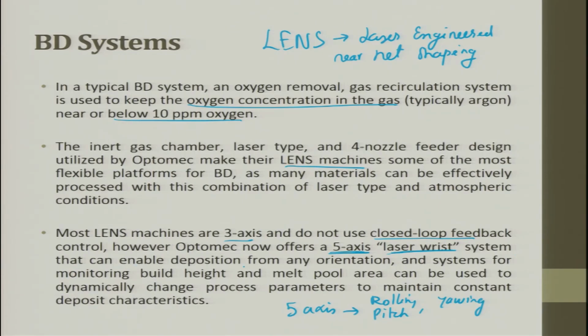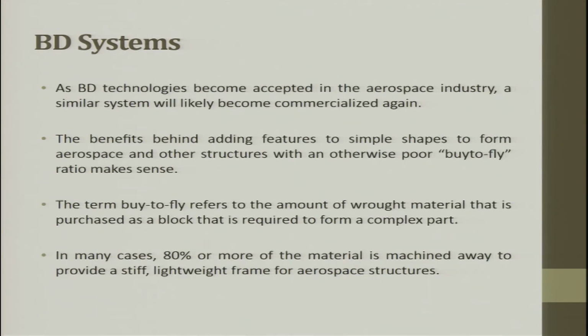That can enable deposition from any orientation, and systems for monitoring built height and melt pool area can be used to dynamically change process parameters to maintain constant deposition characteristics. As DED technologies become accepted in the aerospace industry, a similar system will likely become commercialized again. The benefit behind adding features to simple shapes to form aerospace and other structures, with an otherwise poor buy to fly ratio, makes sense.